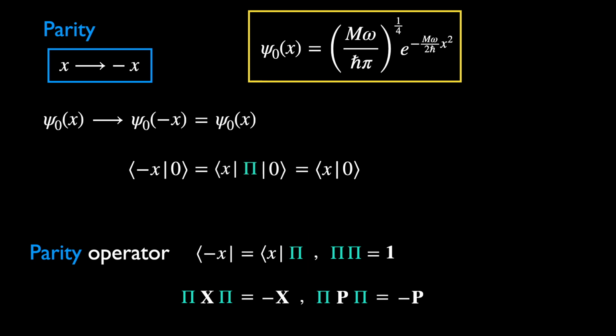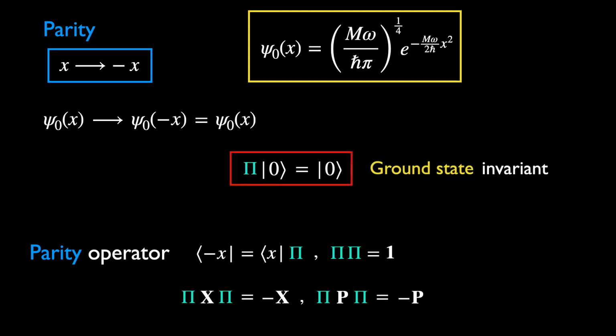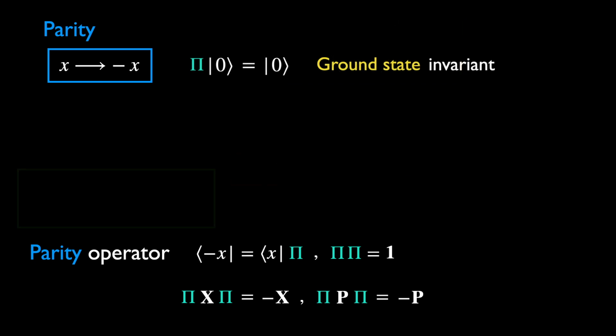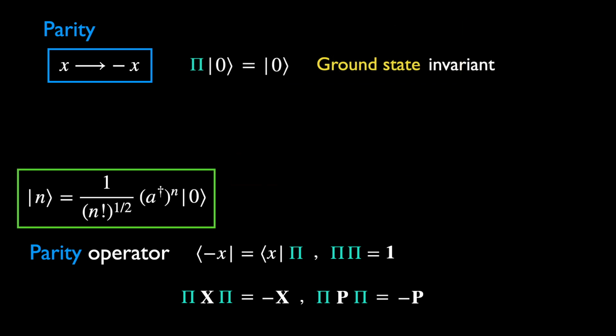Because the position can be arbitrary, this equation implies the invariance of the ground state under parity. What about the parities of the excited states?